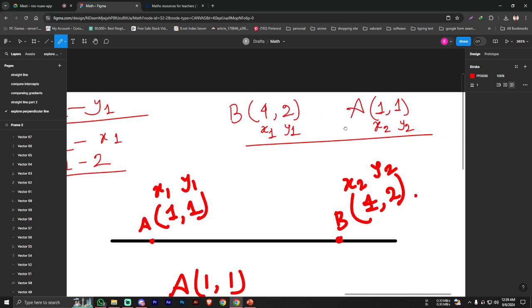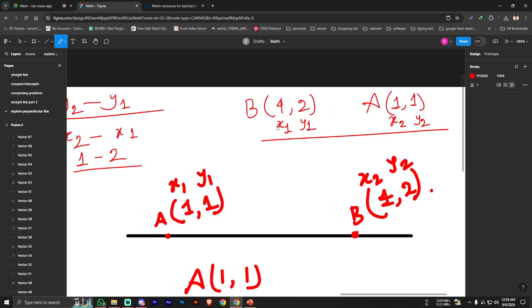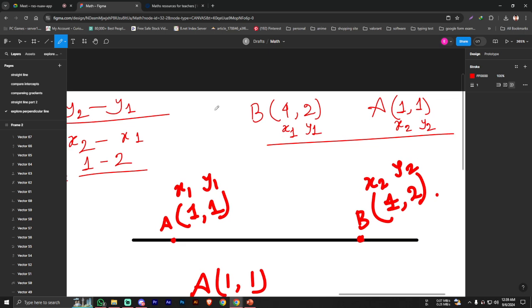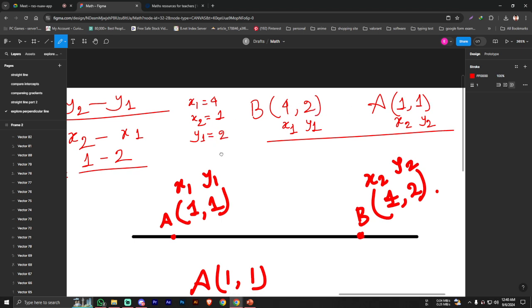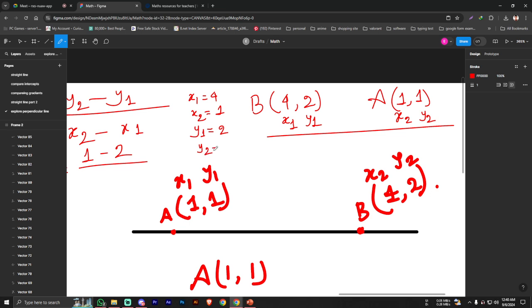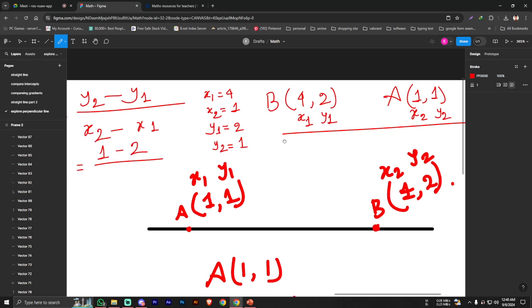If you have confusion, just write it down: x1 is 4, x2 is 1. y1 is 2, and y2 is 1, right?